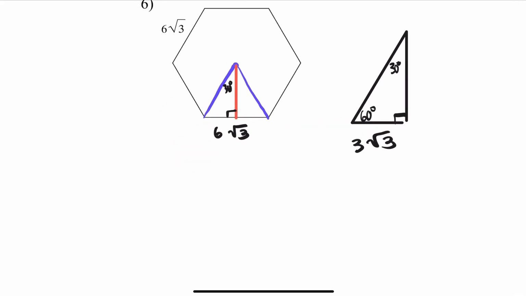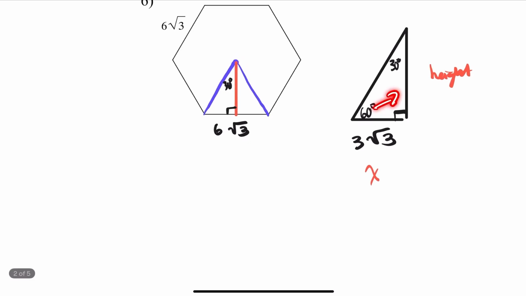What we are missing is our height again, or our apothem, so we can continue finding our area. Let me just call this the height because it's missing. Across the 30 degrees, the ratio there is x.